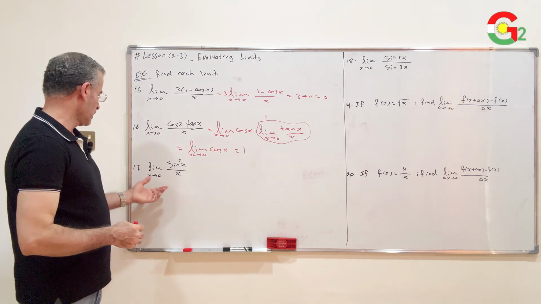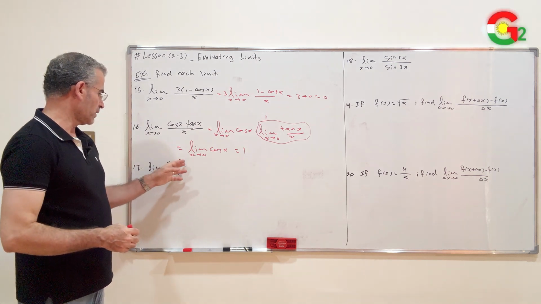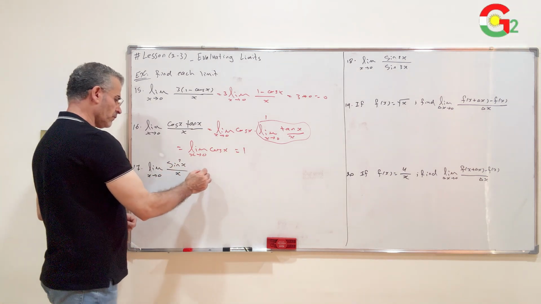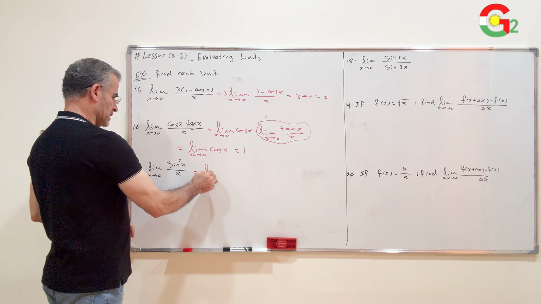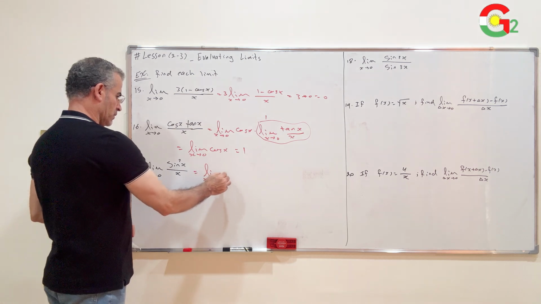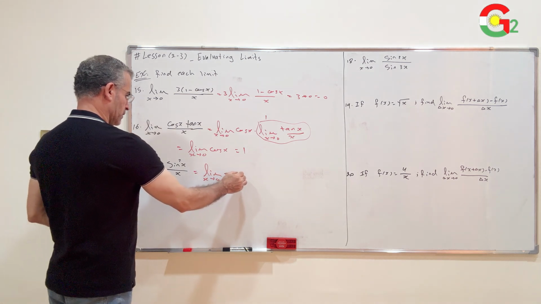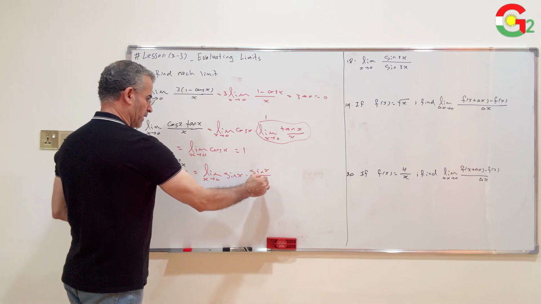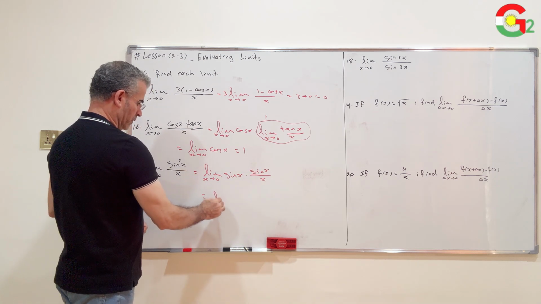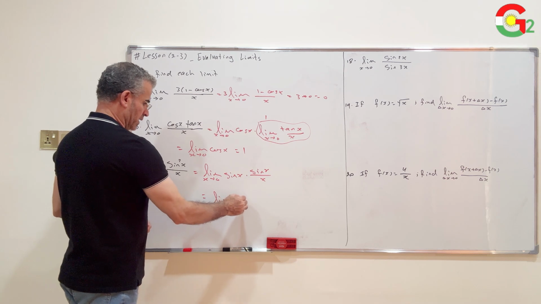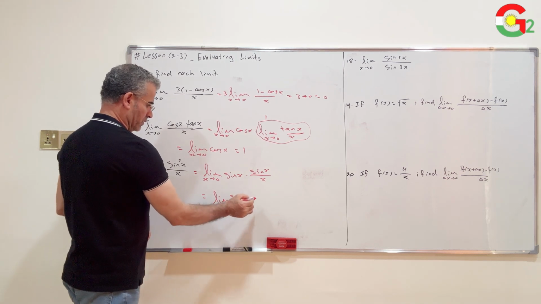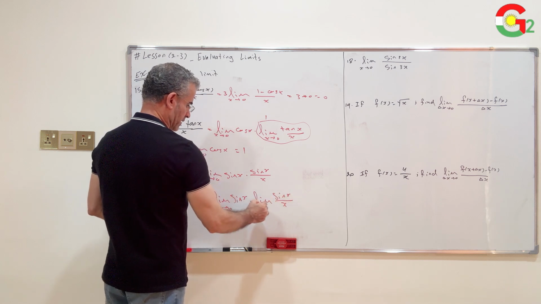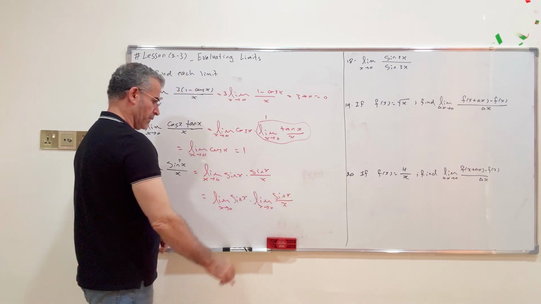Number 17, find the limit of sine square x over x. Rewrite this limit as the limit as x approaches 0 of sine x times sine x over x, equal to the limit of sine x when x approaches 0 times the limit of sine x over x when x approaches 0.